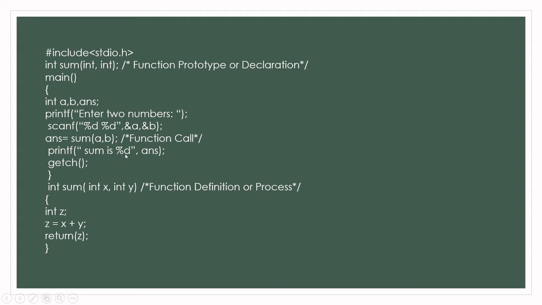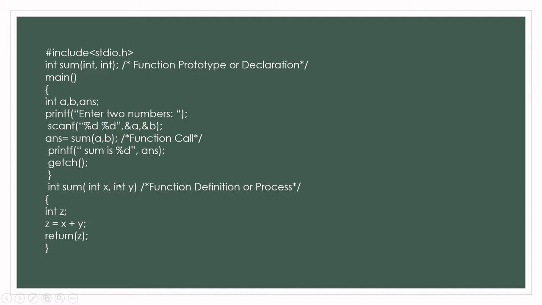It will ask the user to write two numbers. So sum of a comma b. When a comma b are integers, they are passed over here, and the answer is stored in the variable answer. So it comes over here, and the a and b, even though the variable names might be different, it's called call by value.